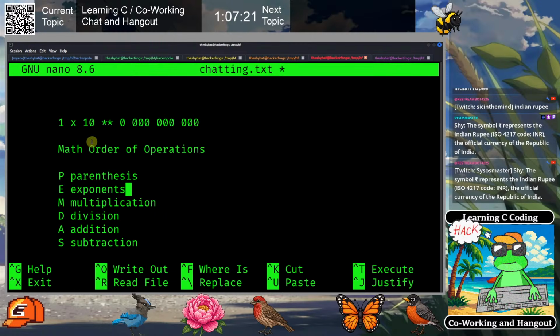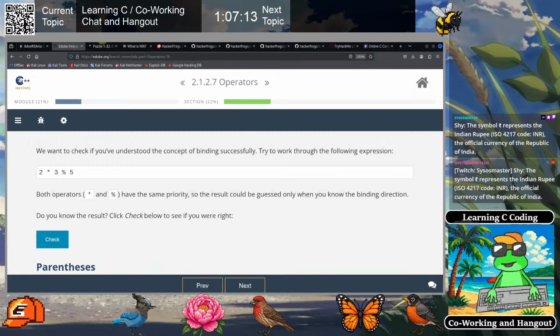If we're working by PEMDAS over here, it's multiplication before division. So we have to multiply before we divide. So 2 times 3, so that's 6 modulo 5.